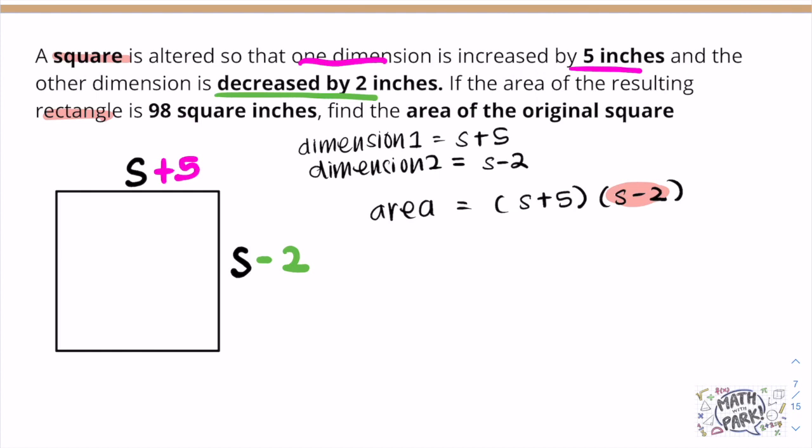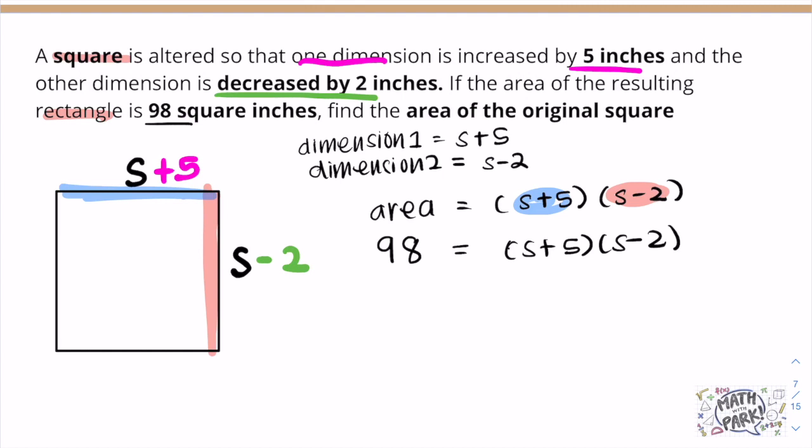And to show you, S minus 2 is this length right here, and S plus 5 is this length right here when we change the square. The area of the rectangle is 98. So the new equation is S plus 5 times S minus 2 equals 98. We can rewrite this to help us out.